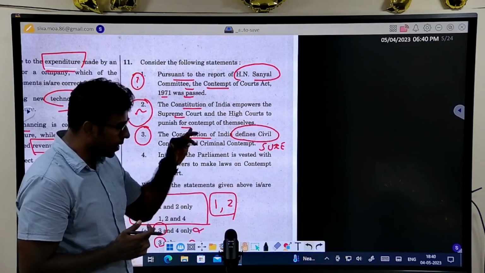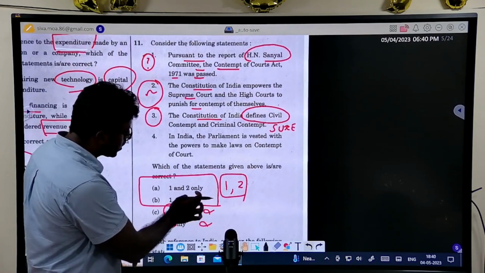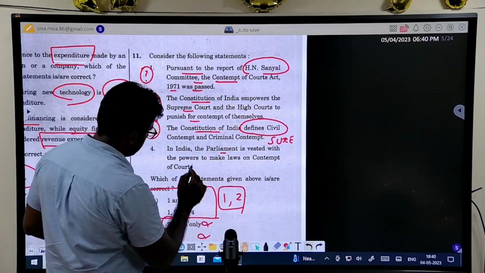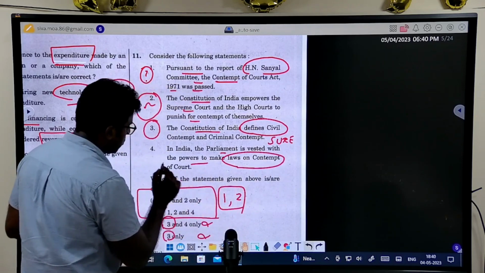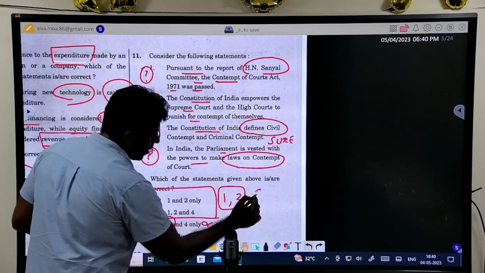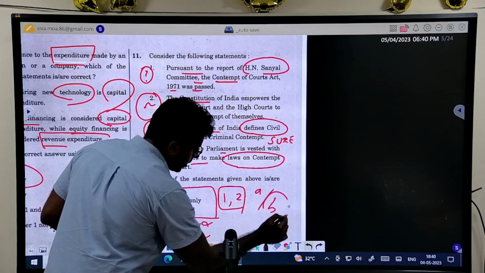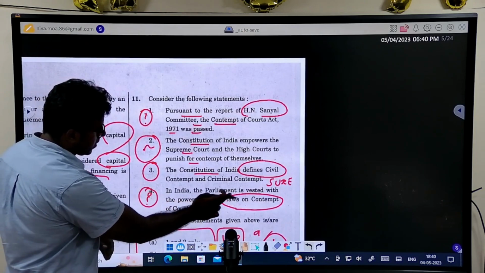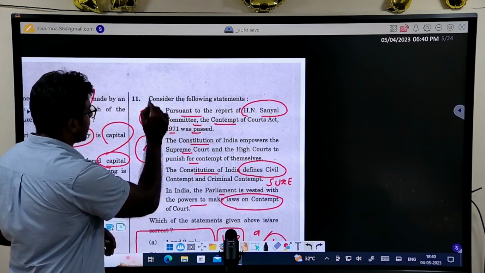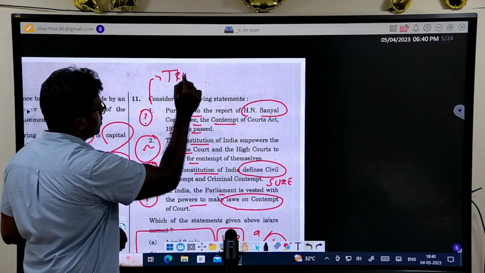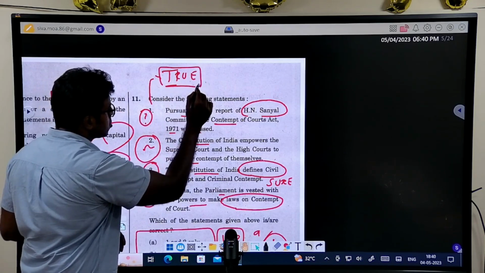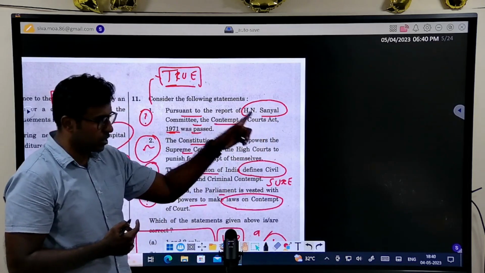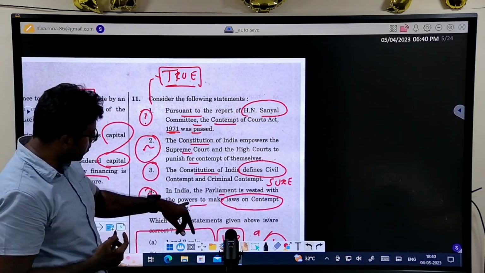But for the next point, you have to decide whether 4 is correct. In India, Parliament empowers the making of laws on contempt of court. This is correct, so it is A or B. If you happen to see, the answer is B. Because if this logic is true, they have the power to pass the law.